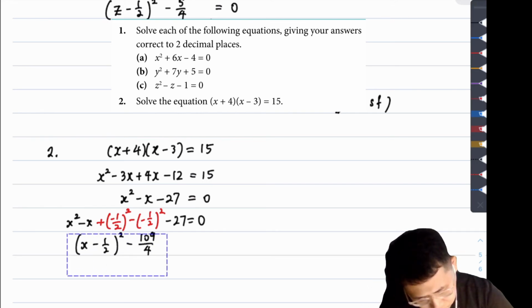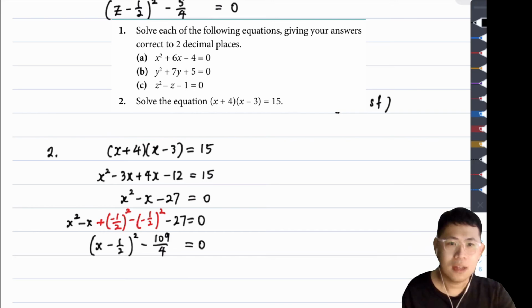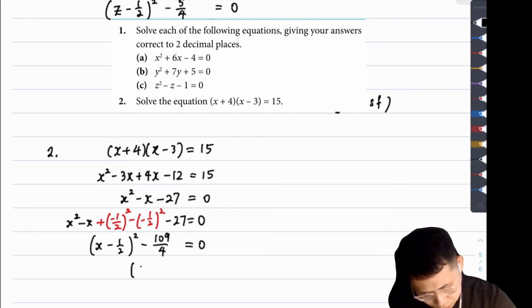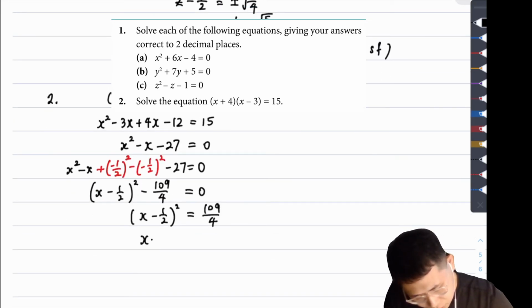So we've got this down. Solve one by one. Move this to the other side, so we have 109 over 4. Remove the square, so we have plus minus square root of 109 over 4.